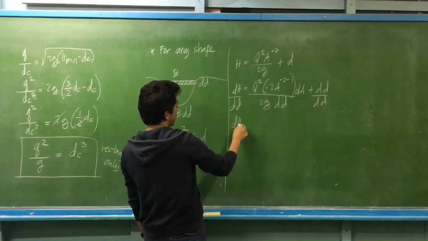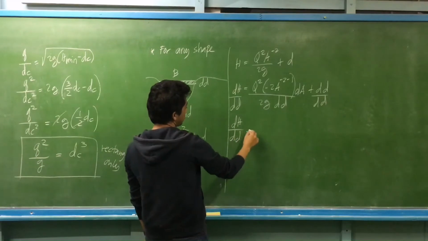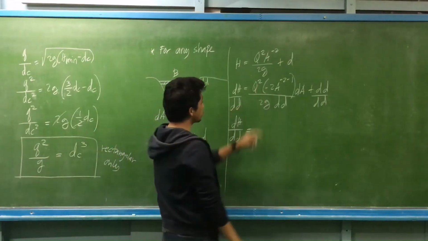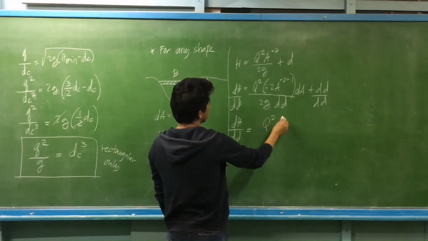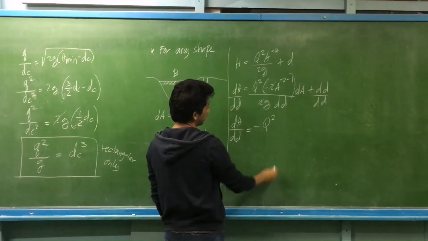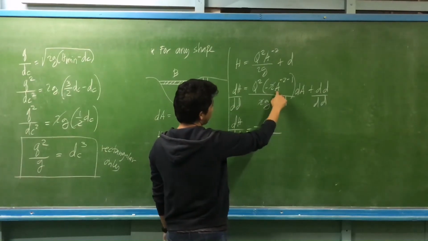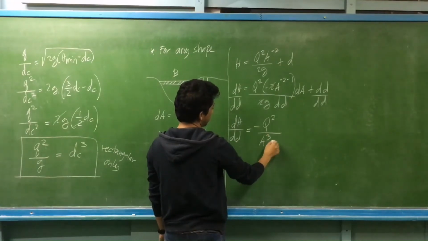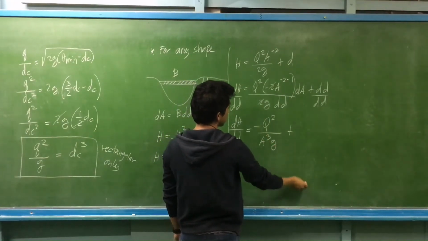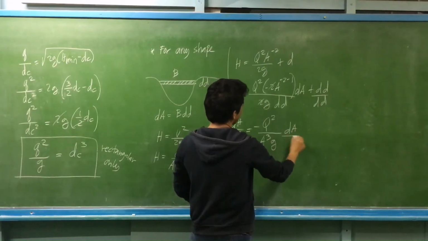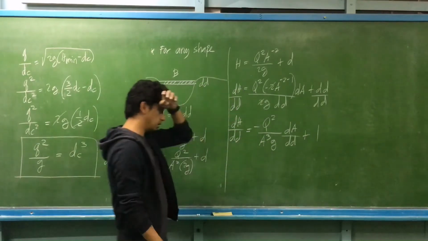So you have now dH over the differential depth equal to, we simplify this one, we have Q squared. We now cancel the 2, but this one will be negative. We have to bring down A, that will be A raised to negative 2 minus 1, cube of G, plus, times differential area divided by the differential depth plus 1.